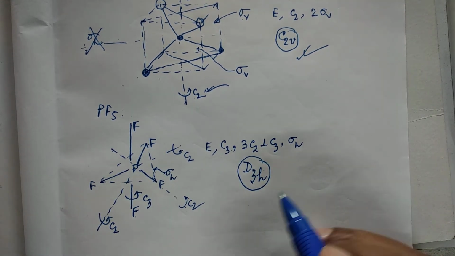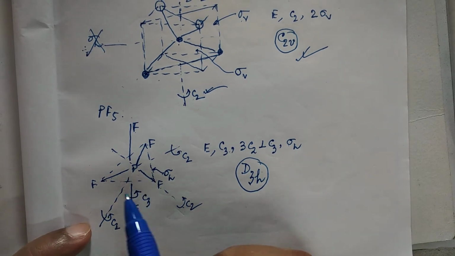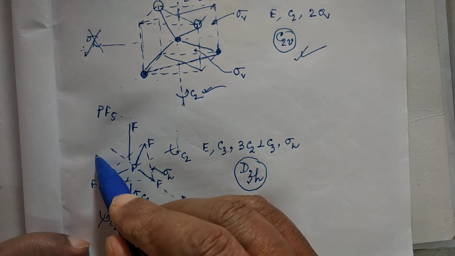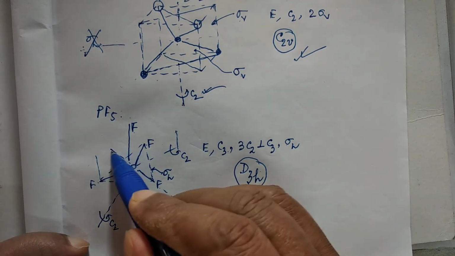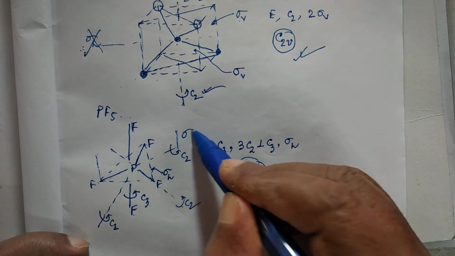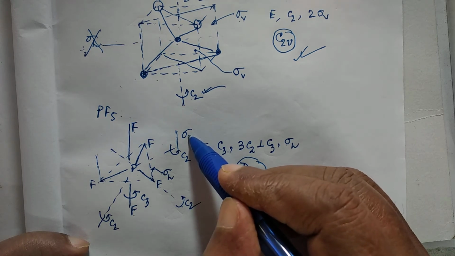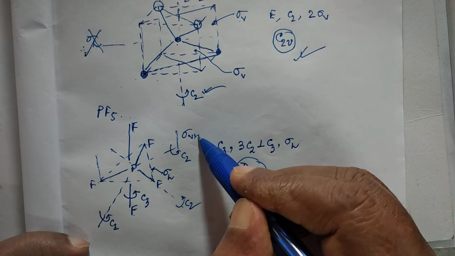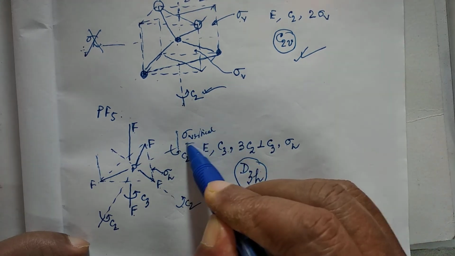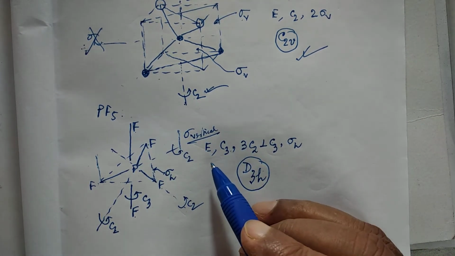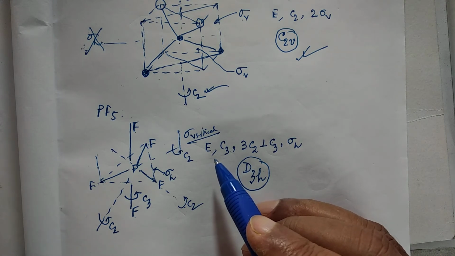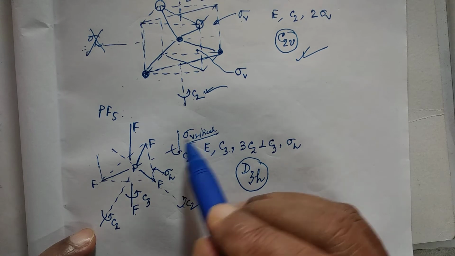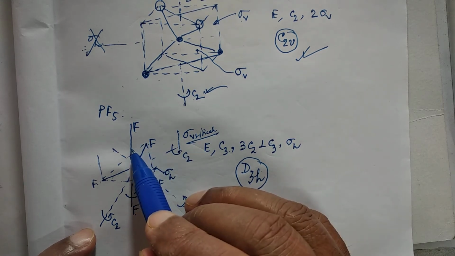Note here that this object has vertical planes also. This is a plane of symmetry, sigma. It is not sigma H, it is of sigma V type, vertical type. I am spelling it out because sigma V types can again be classified into sigma V and sigma D. Anyway, it is a plane of symmetry containing the principal axis.